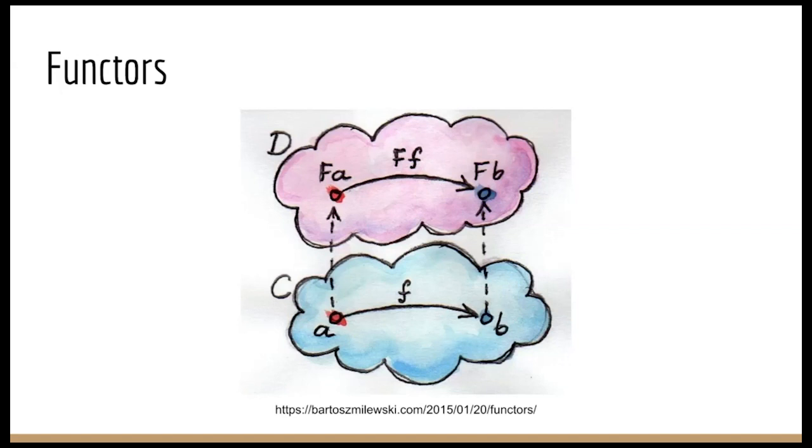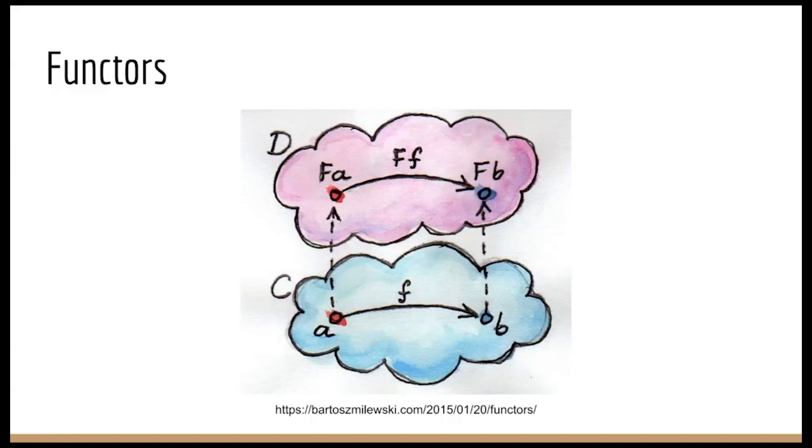So a functor is a mapping from objects in one category. So we basically map, let's say, all the objects in one set to some objects in another set, but we also have to map the relations between them to the new set as well.